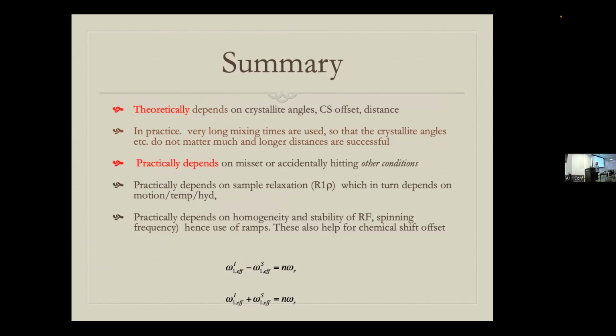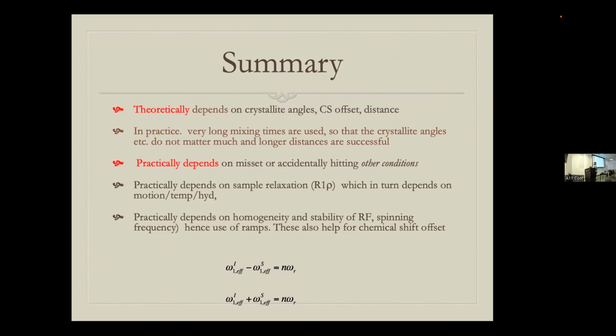But where the trouble might arise is on accidental misset, accidentally hitting other conditions. So I thought for the last few minutes of class, I'd talk about what I mean by accidentally hitting other conditions. Also, it practically depends on some features of the sample, the things that drive R1 rho, which can be many things, you know, paramagnetic impurity, all kinds of things could affect R1 rho.